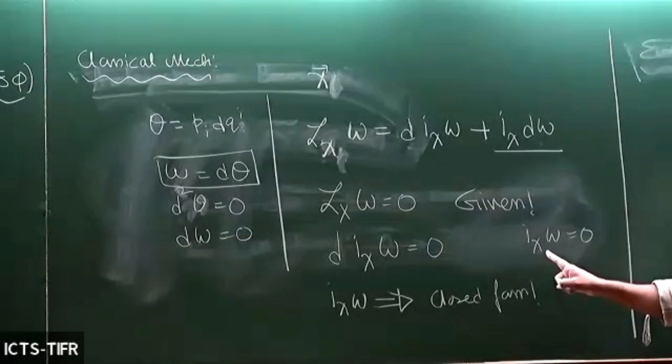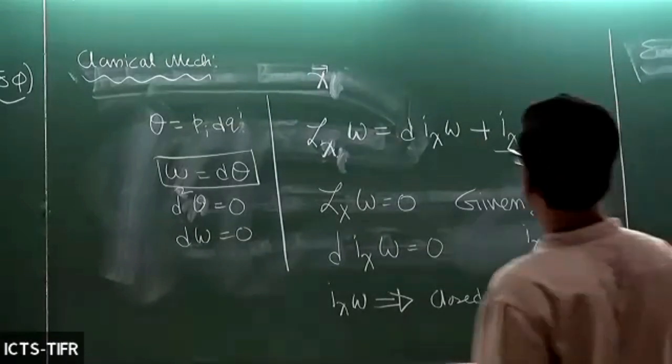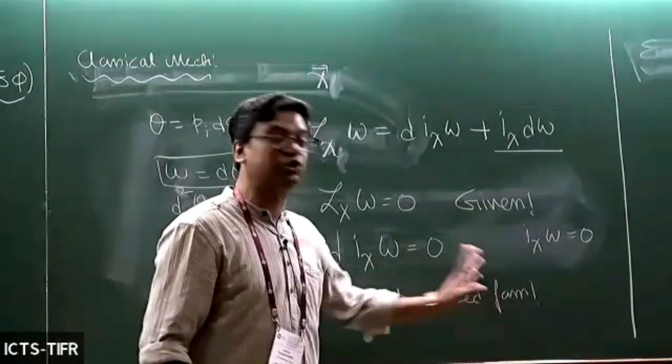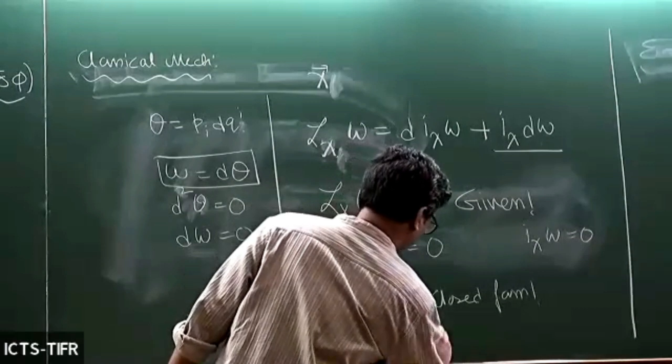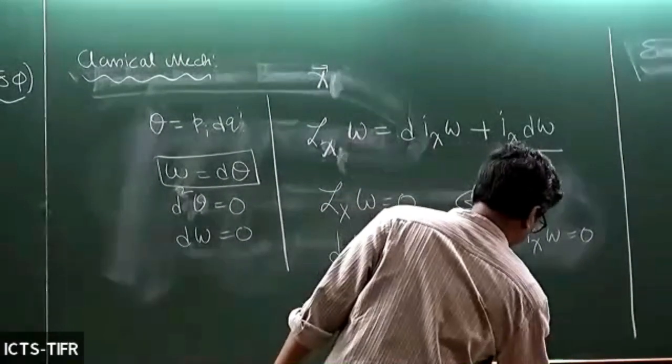There is no vector field along whose direction I chi omega is 0. This is called a non-degenerate form. So given a non-degenerate form omega, if this is closed, we call this chi a symplectic vector field.